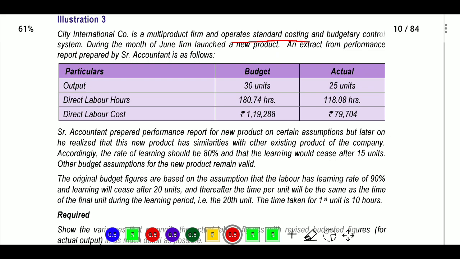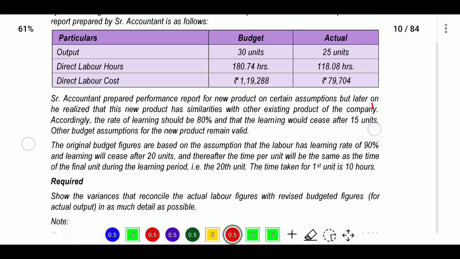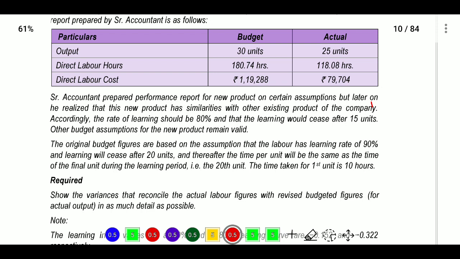So here the senior accountant prepared the performance report for the new product with certain assumptions, but later on he realized that this new product has similarity with other existing products of the company. Accordingly, the rate of learning should be 80%. What is meant by this 80%?